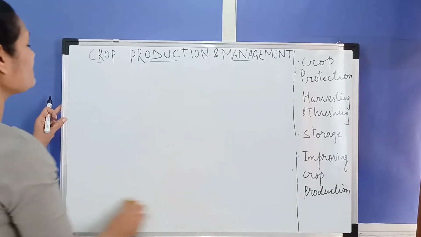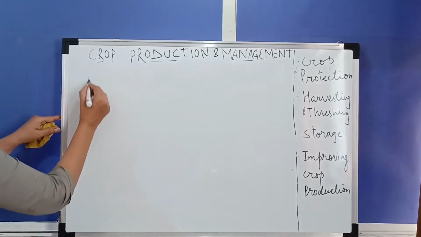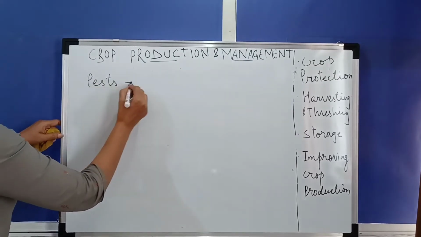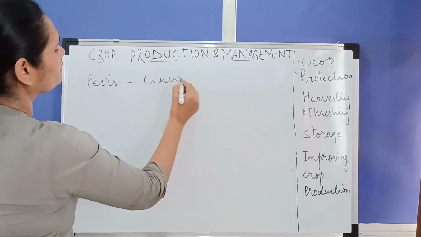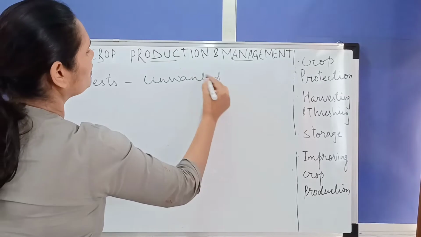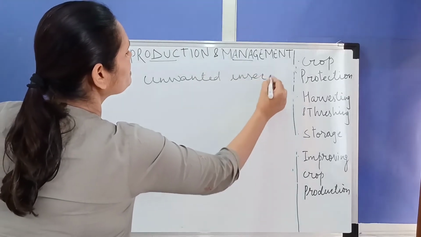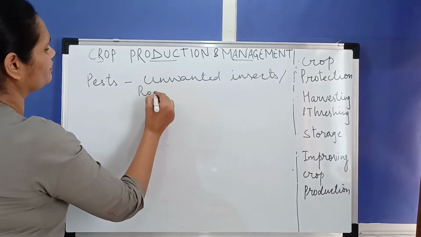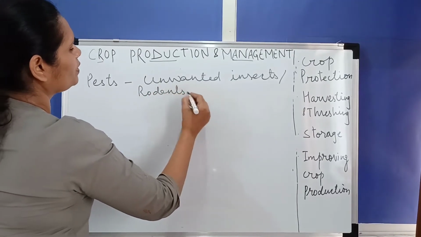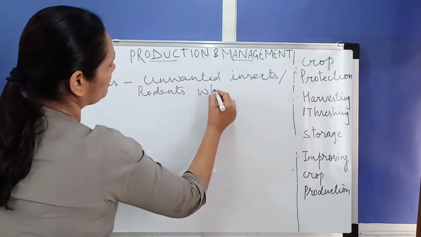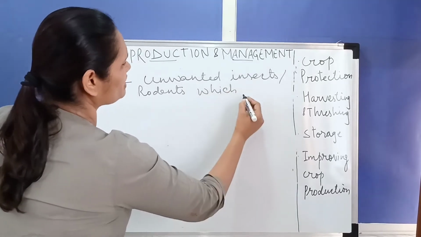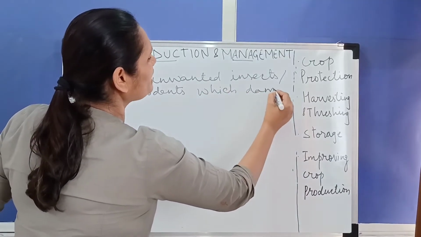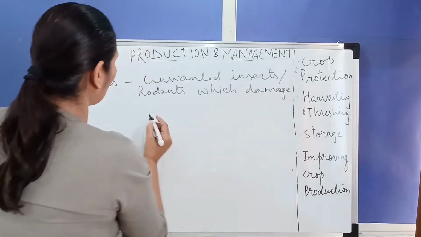Now what are pests? Pests are unwanted insects and rodents which damage the crop. Either they eat or damage the crop. So somehow they are damaging our crop.